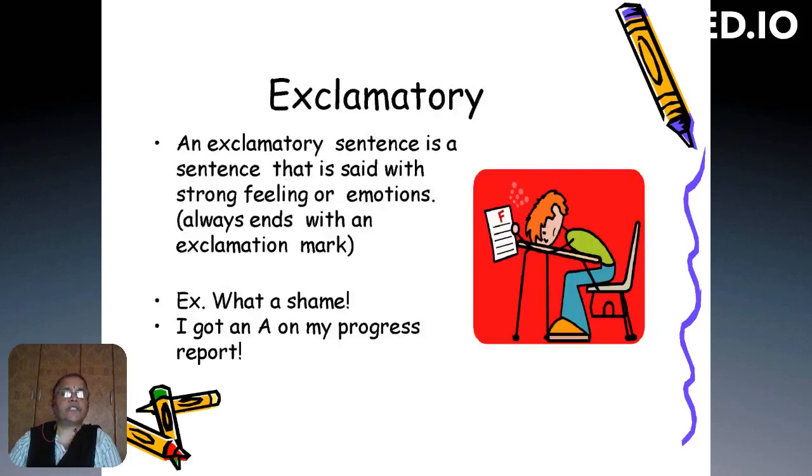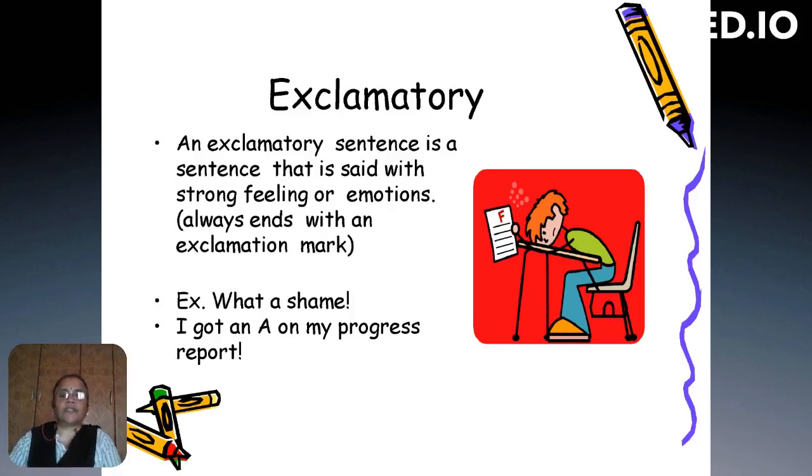The next type of sentence is exclamatory. Exclamatory has its root in the word exclaim, and to exclaim is to express a lot of emotions and feelings. So, an exclamatory sentence is a sentence that is said with strong feelings or emotions, and just like a declarative or assertive sentence ends with a period or a full stop, an exclamatory sentence ends with an exclamation mark.